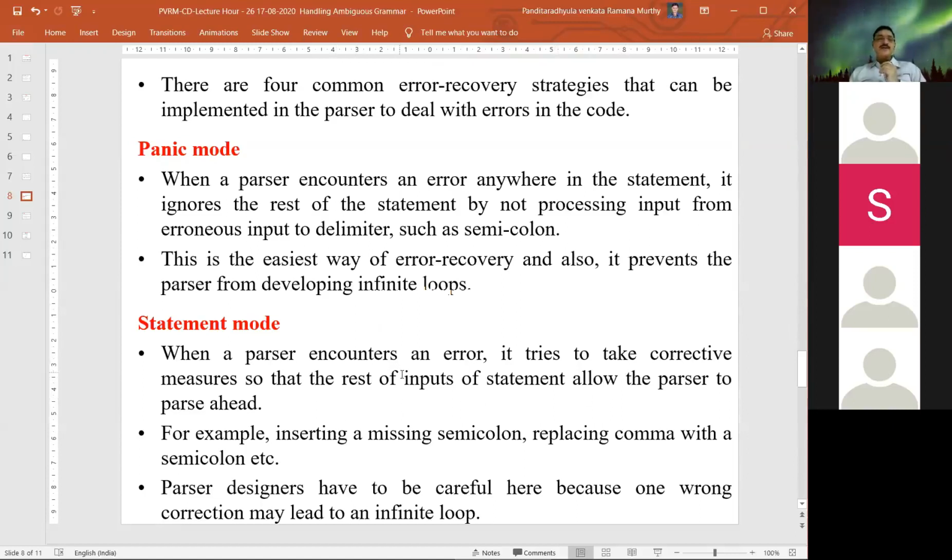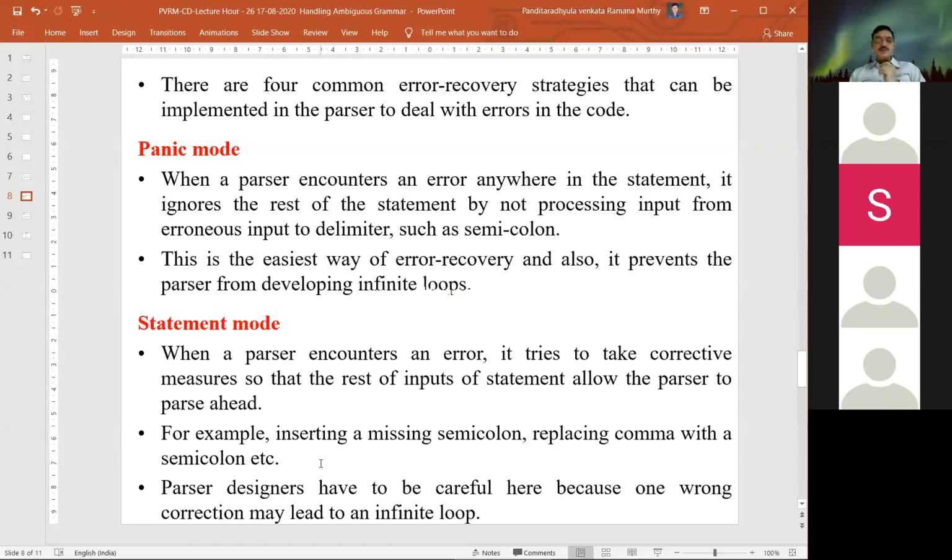Whenever it identifies an error in a particular statement, maybe at an early stage of the statement, it takes the corrective measures defined by the parser, then it goes on to the rest of the statement. Okay. For example, inserting a missing semicolon or replacing a comma with a semicolon, etc. Okay. So that may be an example.